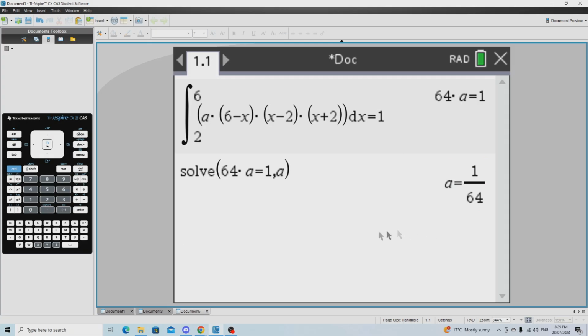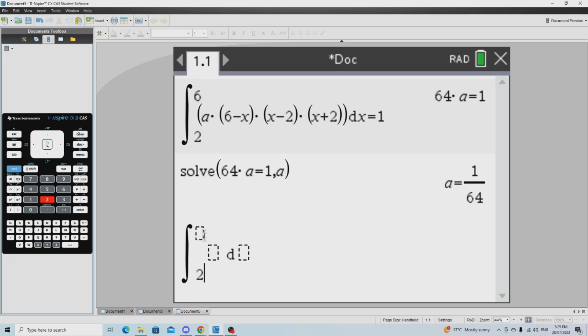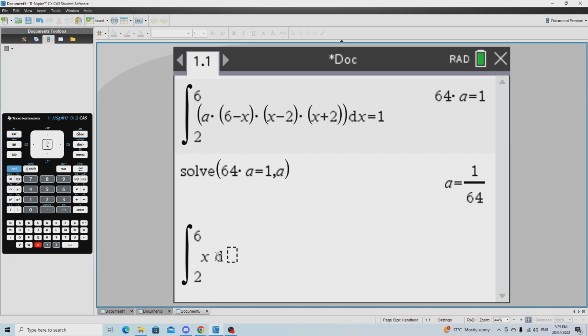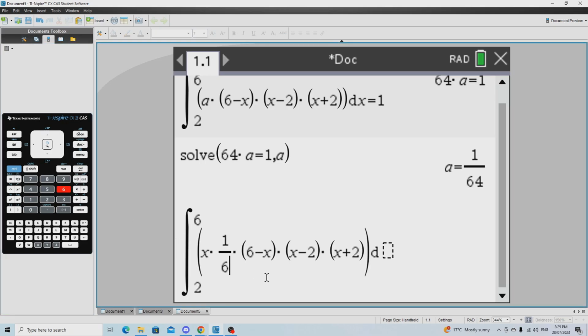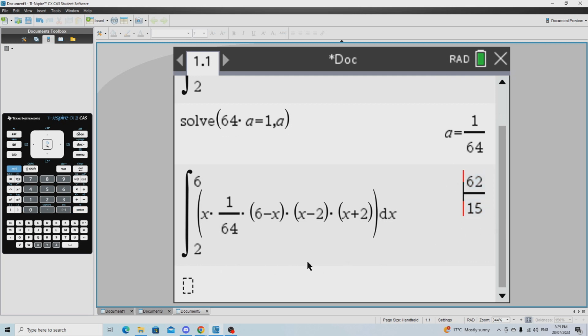Now we know a. To find the mean value, we know it's the integral from 2 to 6 of x times this function over here, and our a value is now 1 over 64. With respect to x, that gives us 62 over 15.